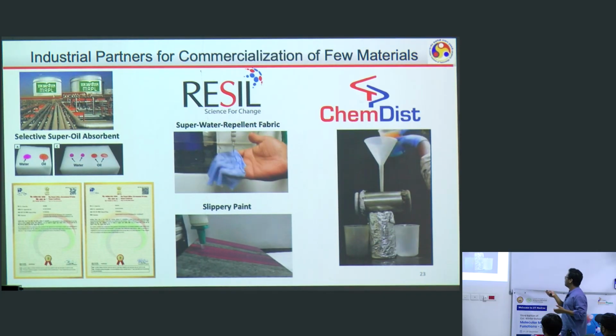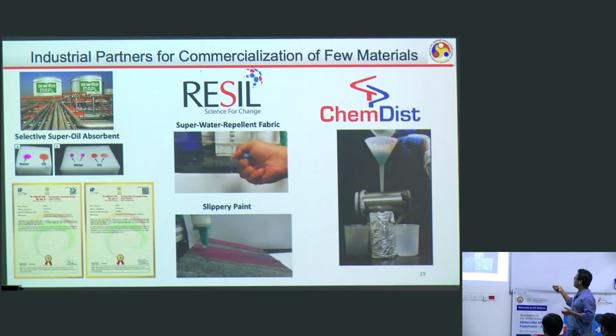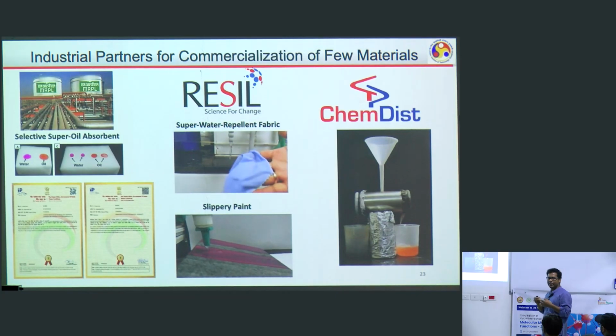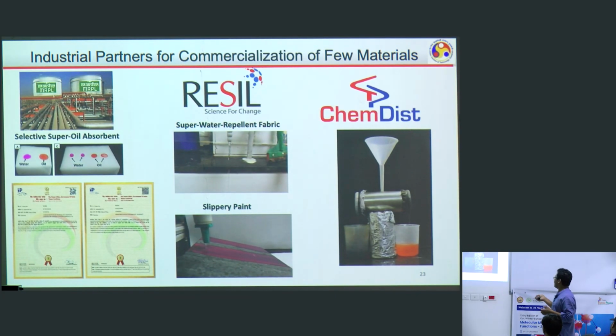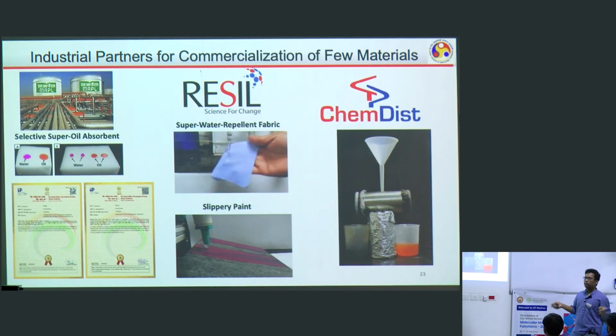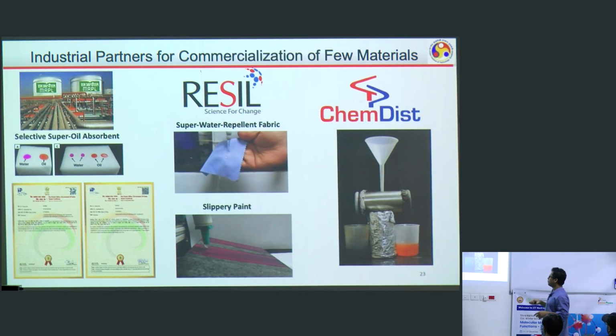You can see here oil and water is dumped there. It's not oil and water, it's basically an aqueous solution of ethanol and ethyl acetate, and you can separate it out into two separate containers depending on the choice of this membrane.